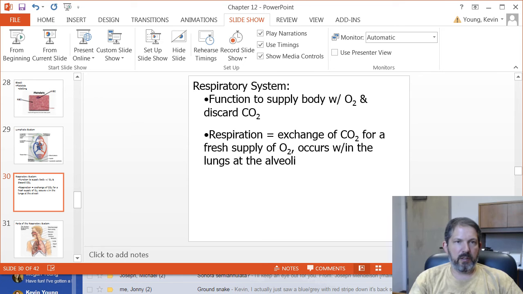Okay, respiratory system. This is breathing. Gas exchange in the lungs. Getting rid of carbon dioxide, picking up oxygen. That's the critical stuff. It's actually more critical to get rid of carbon dioxide. That's what triggers your desire to breathe.